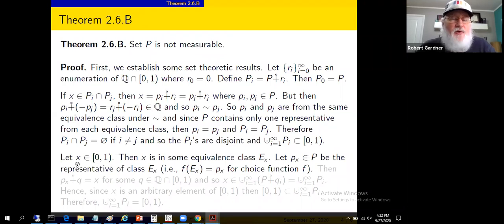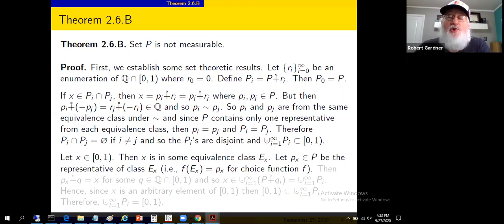Let's recycle that variable x. Let x be anything between 0 and 1. It's in some equivalence class under rational equivalence. Call it e sub x. Let p sub x be the element of P that is the representative of that class, e sub x. In terms of the choice function, we're saying f of set e sub x is this element, p sub x.